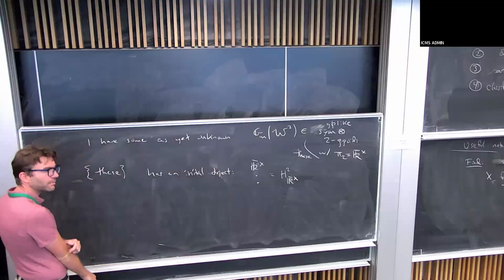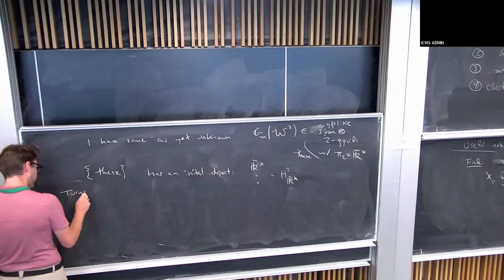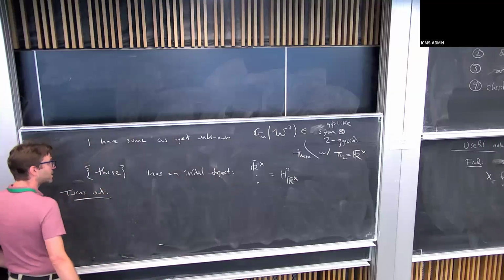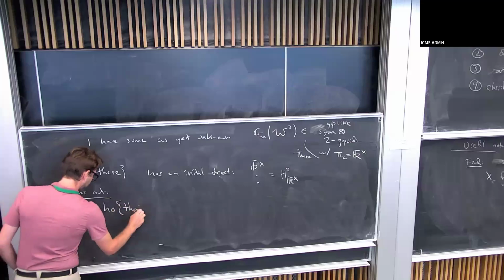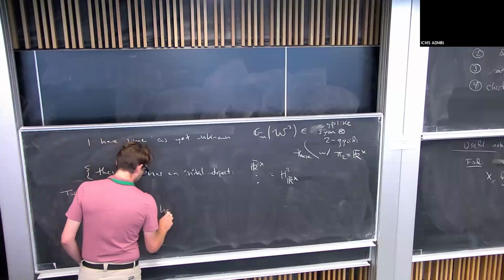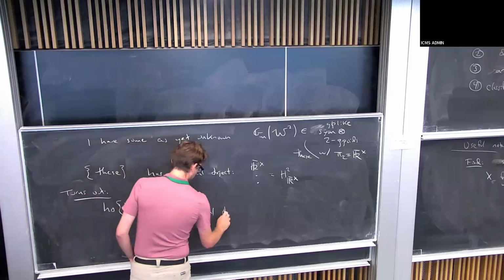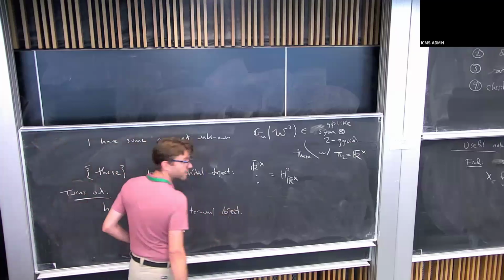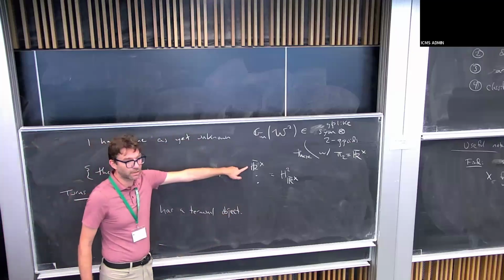So the non-trivial statement is that it almost has a terminal object. It turns out that at least the homotopy category of this infinity category has a terminal object. It's a non-trivial statement. It's not true if you changed k cross bar to something else.